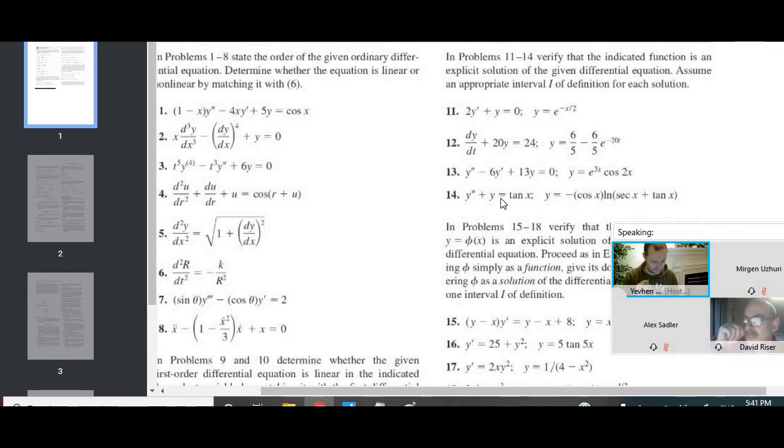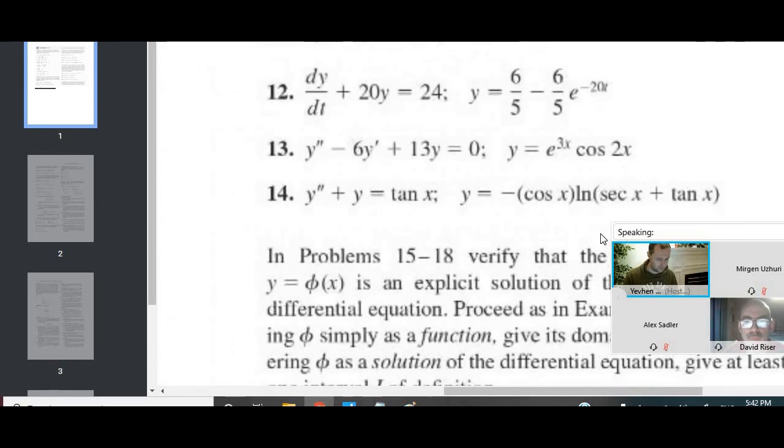So watch this thing. Number 14 is not asked of you, but let's just do it anyway because we can using Wolfram. You can do it by hand if you want, if you have another 25 minutes to spare. I don't, and I don't like to make mistakes in front of students and embarrass myself even more than I have to. So here's the drill. It asks you to verify that this formula for y, I don't know if you can see my screen all right, a little grainy, but can you resolve this?